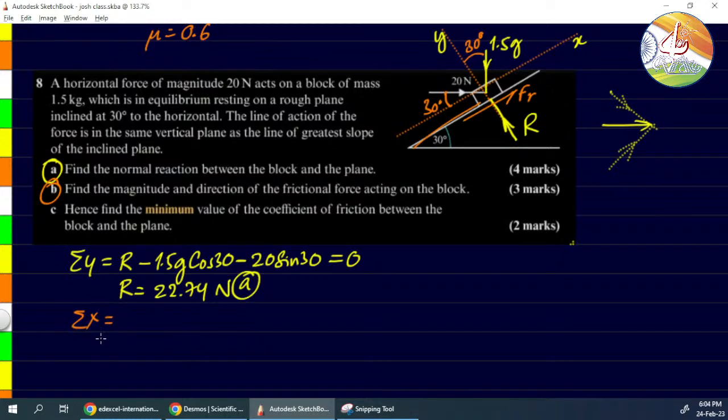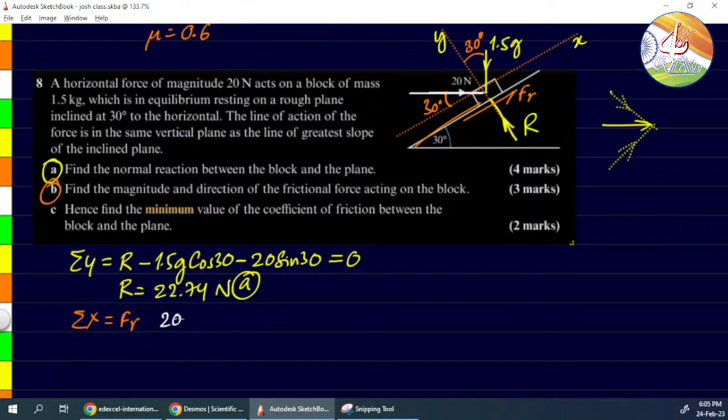So let's take all the x components now. Fr is in the positive x direction. Then what are the other components? Tell me the components of 20 newtons. X component of 20 newtons. X component is cos 30.